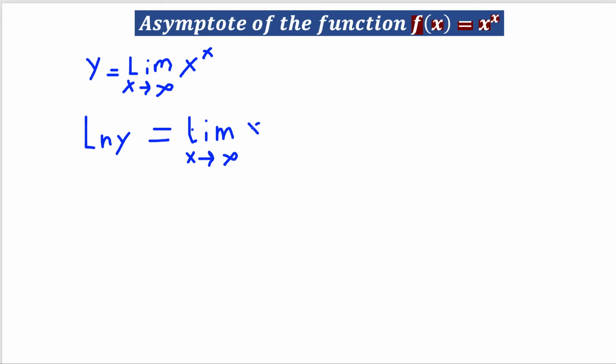We already had this equation, but it was at 0, and now from this we can find out. So ln y is equal to infinity. Instead of the x in this limit, we are writing infinity. And when we exponentiate everything, we have e to the ln y. I wanted to go from this point, but I went a little bit further, so I don't think it's any big problem. And we have e to the infinity.